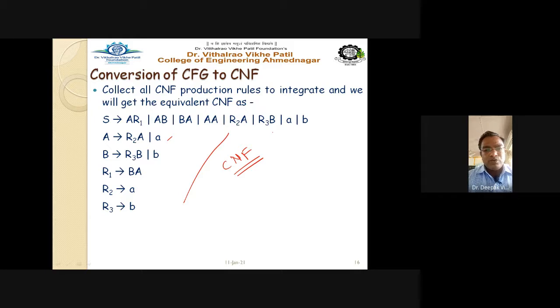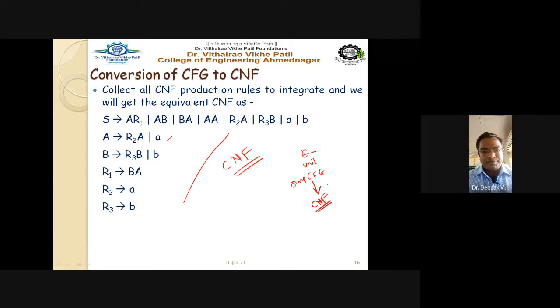So if you observe it carefully, you'll find that first the grammar is simplified. We have removed the epsilon production, we have removed the unit production from the grammar. Now the CFG we have obtained is a simplified CFG. And once we have got the simplified CFG, we have converted that CFG into the Chomsky normal form.